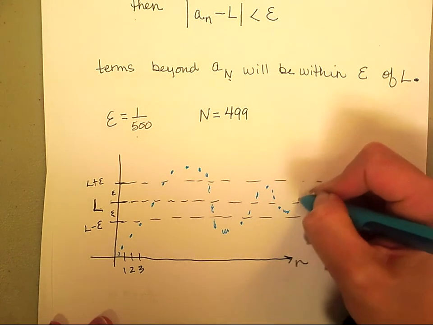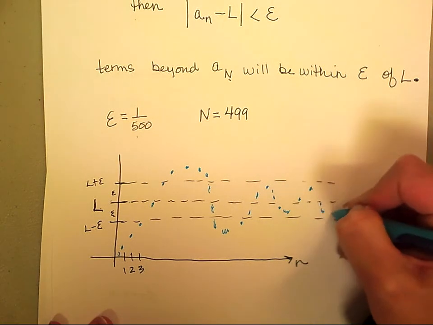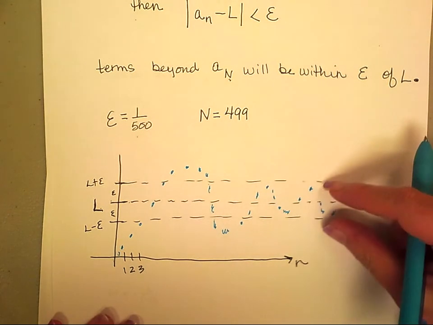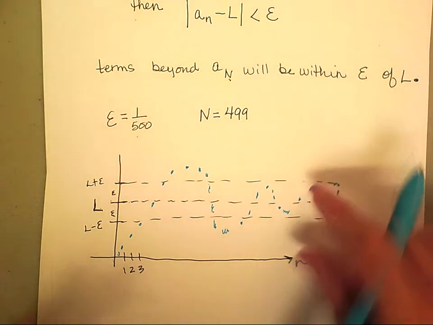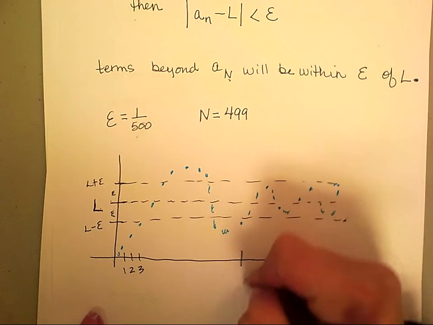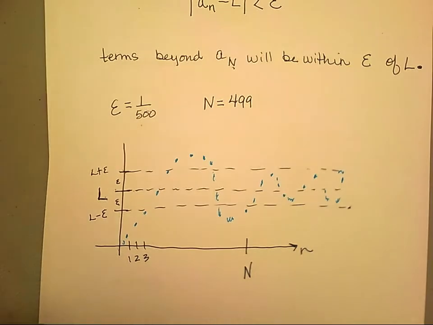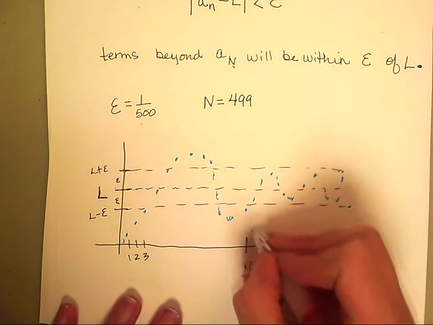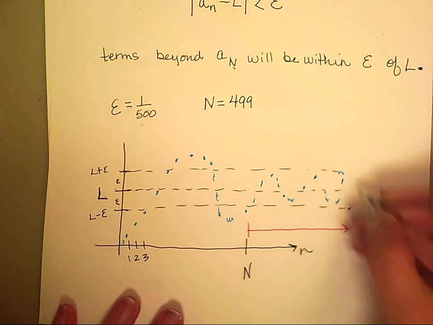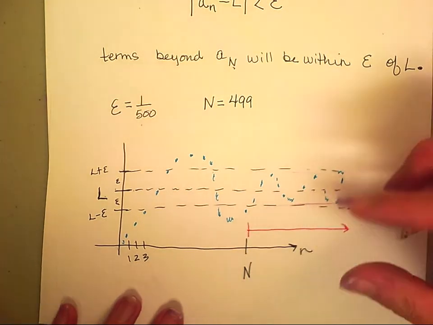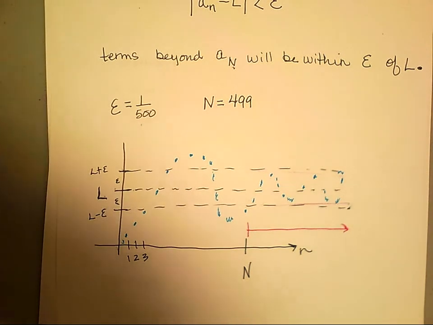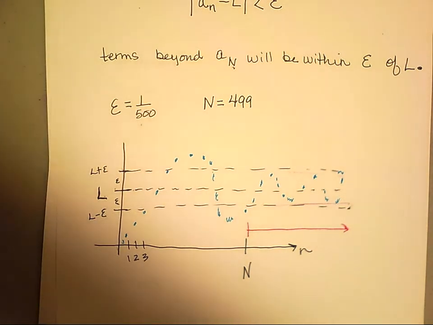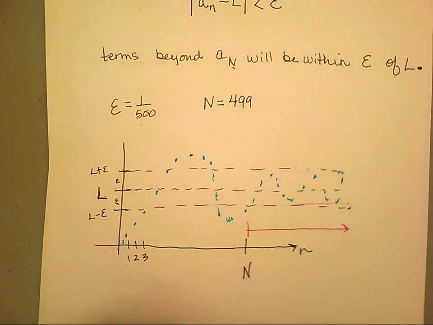But at some point, it starts to stay within the bounds of these two lines. We don't know how long it's going to take, but eventually, as n increases, it will stay in between these two lines. The point where that happens is your sufficiently large n. From here forward, all of the terms fall within these two lines.